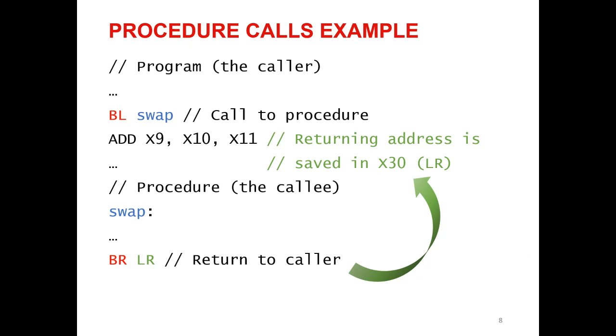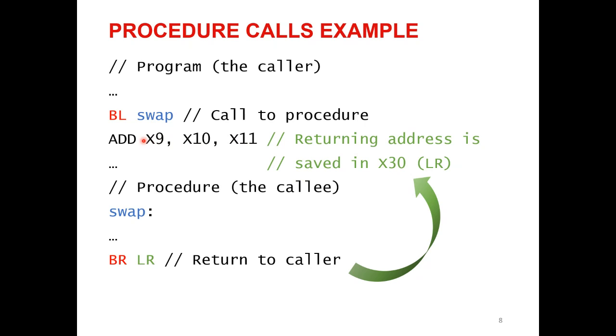Someone is asking why it is safe in register 30, because 9 plus 10 plus 11 is 30? No. Whatever you are doing in this instruction, the returning address will always be safe in this register. This register cannot be used by the programmer. It's used for storing the next instruction after a procedure.